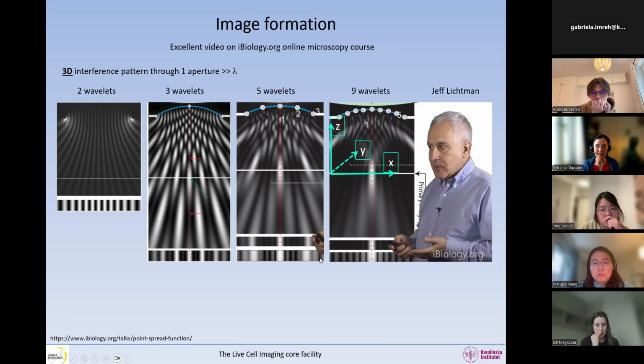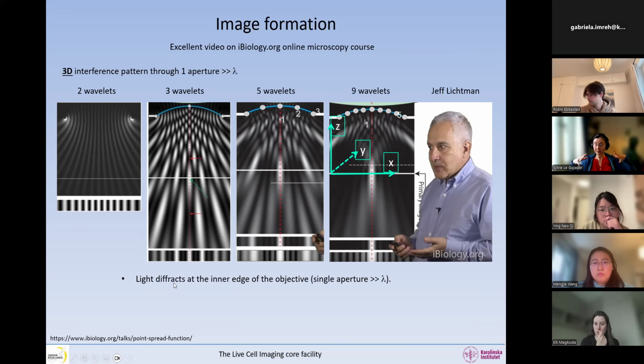And now we get this interference pattern when we measure here. And with even more wavelets we end up here. And what you're seeing is that the more wavelets we have, the more the light converges towards one big blob like this. And this is actually what we are imaging when we image with our microscope.